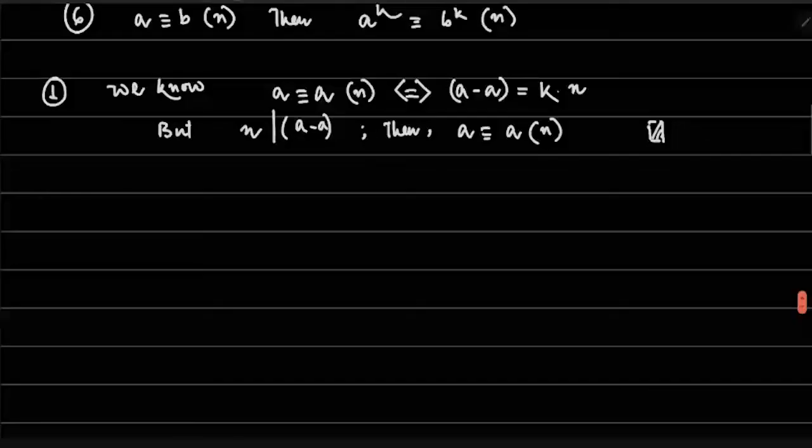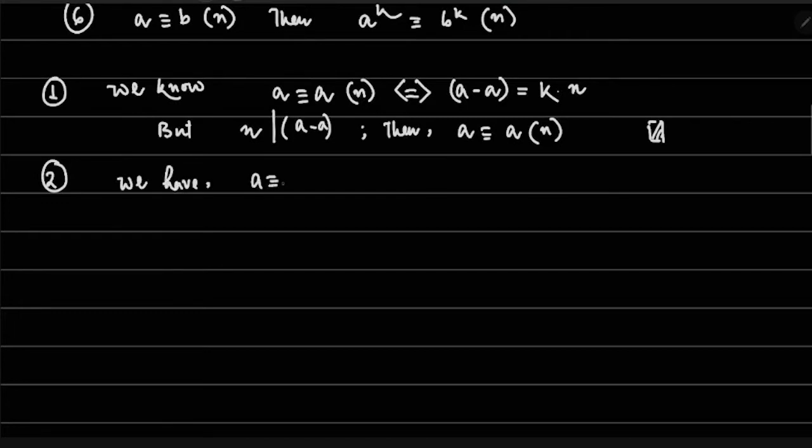Now what about the symmetric portion, the second statement? The second statement says that if a is congruent to b mod n, then b is congruent to a mod n. So we have a congruent to b mod n, that implies and is implied by n times some k equal to a minus b.